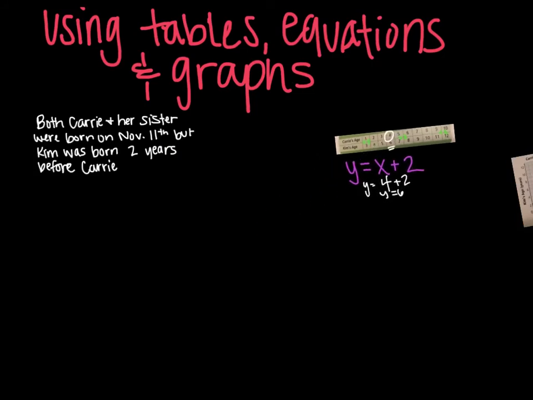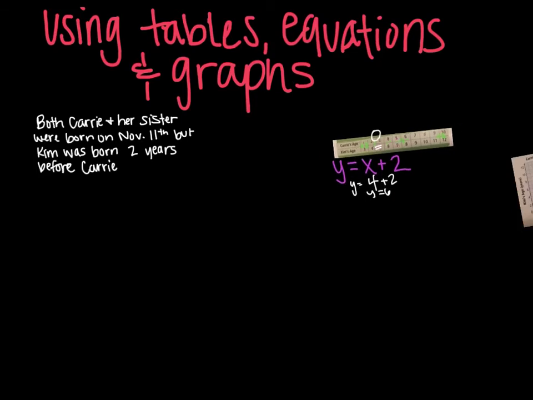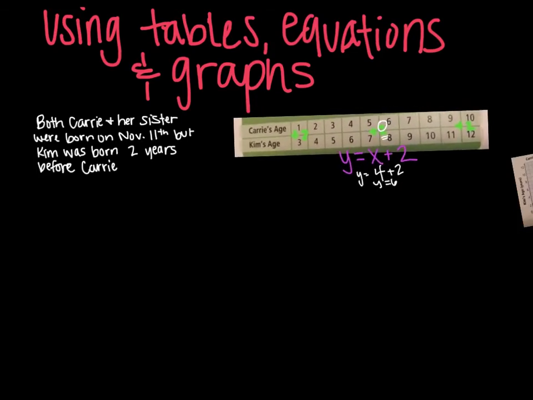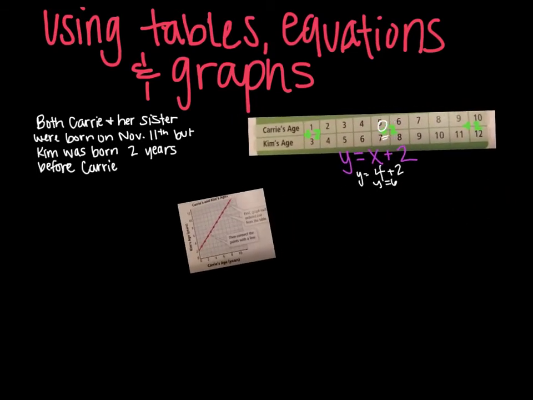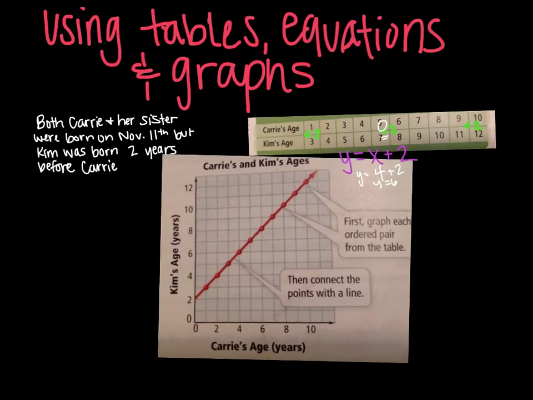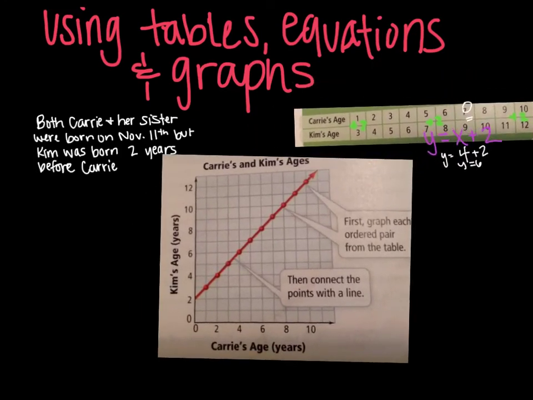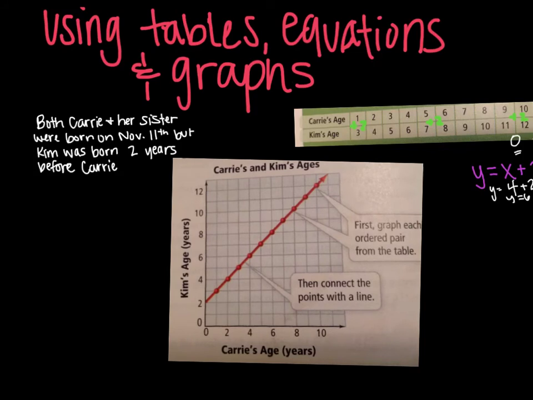And then you can also draw a graph. Again, you can still use the table that you made previously to graph these. So here you have Kim's age on the y-axis, Carrie's age on the x-axis, because in this case Carrie was x in our equation and Kim was y.